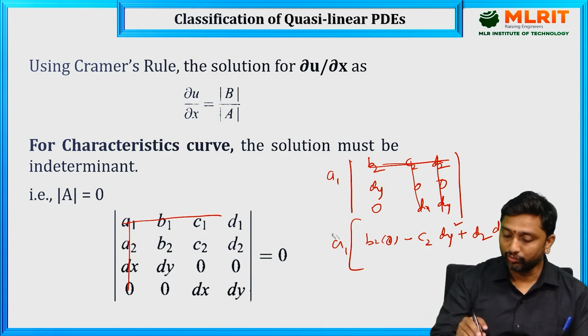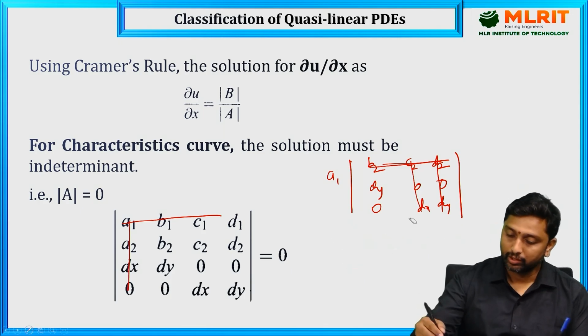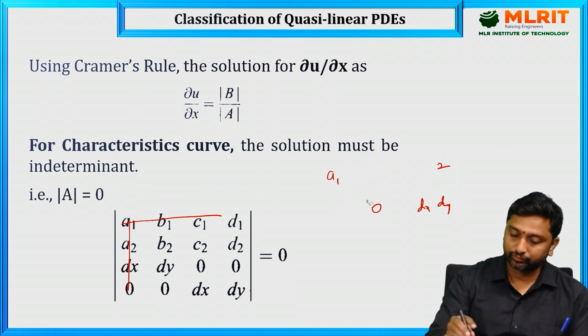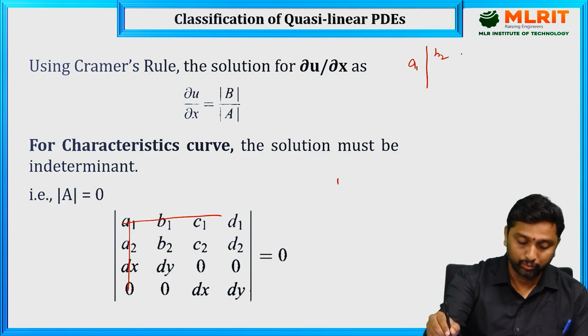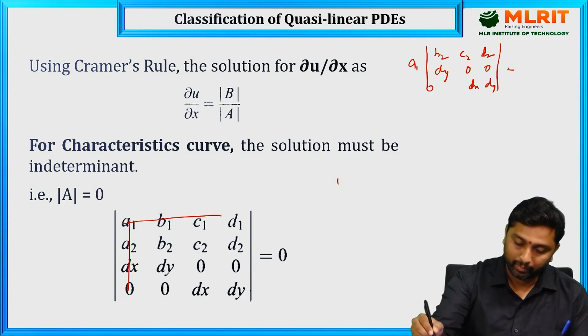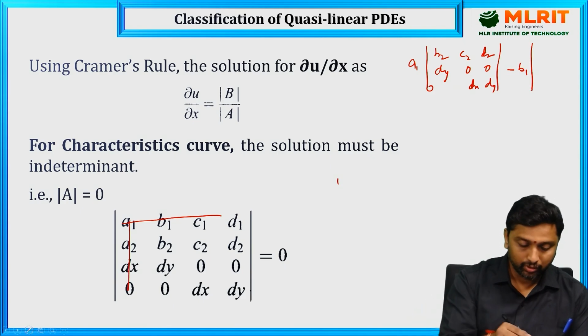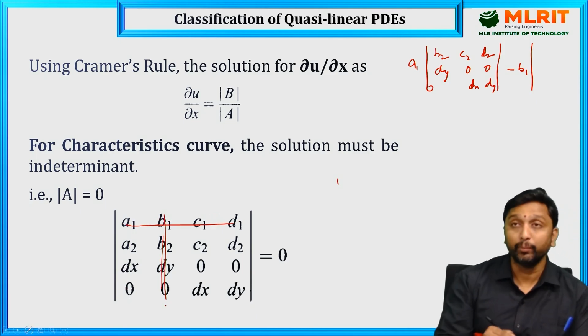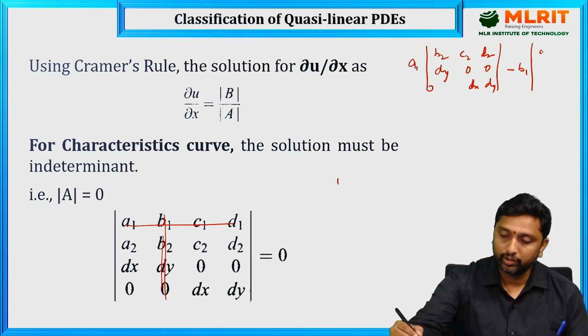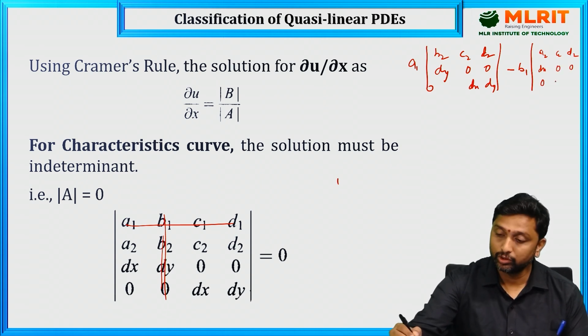Similarly, I can do it for the rest of the terms, like A1 into determinant of B2, C2, D2, dy, 0, 0, 0, dx, dy, minus B1 into, what is the matrix for B1? B1, if I cancel these rows and columns, A2, C2, D2, dx, 0, 0, 0, dx, dy.